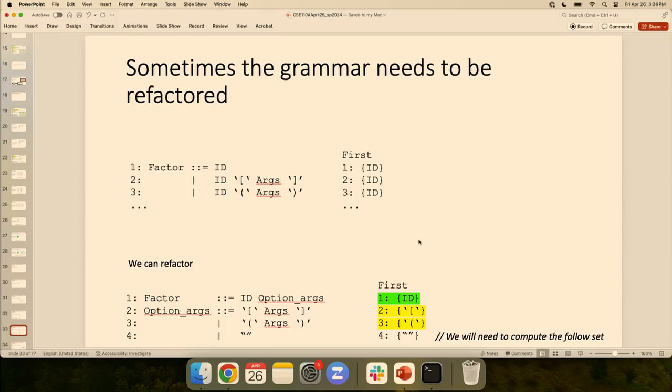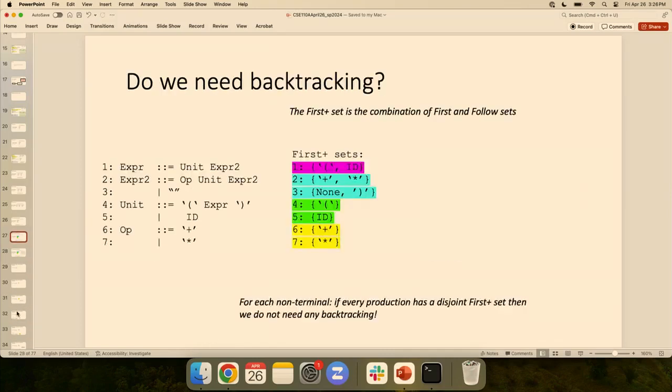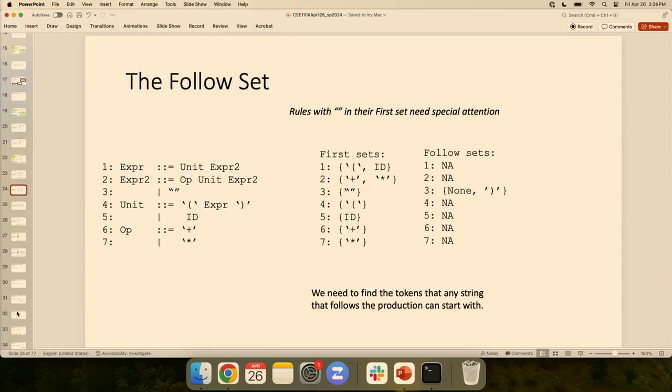Yep? I'm confused on why we add the closing parenthesis or bracket to the end of the empty string follow set. Let's see. Up here, right? Okay. So I do think it makes sense to say that there's kind of this secret terminal up here, none, which is when you're done lexing.